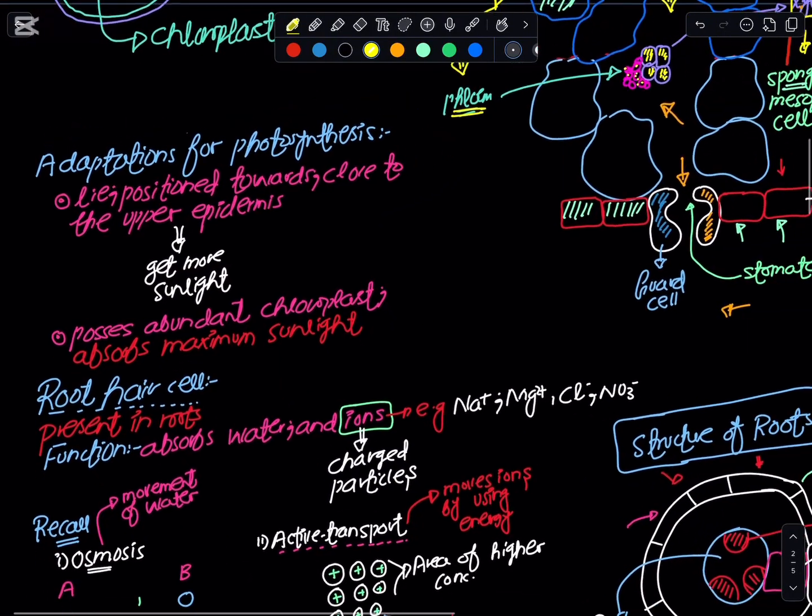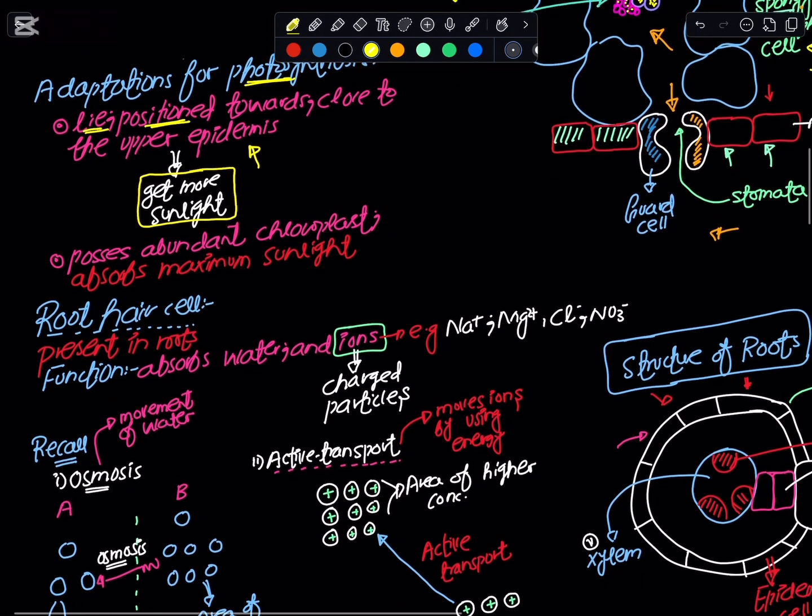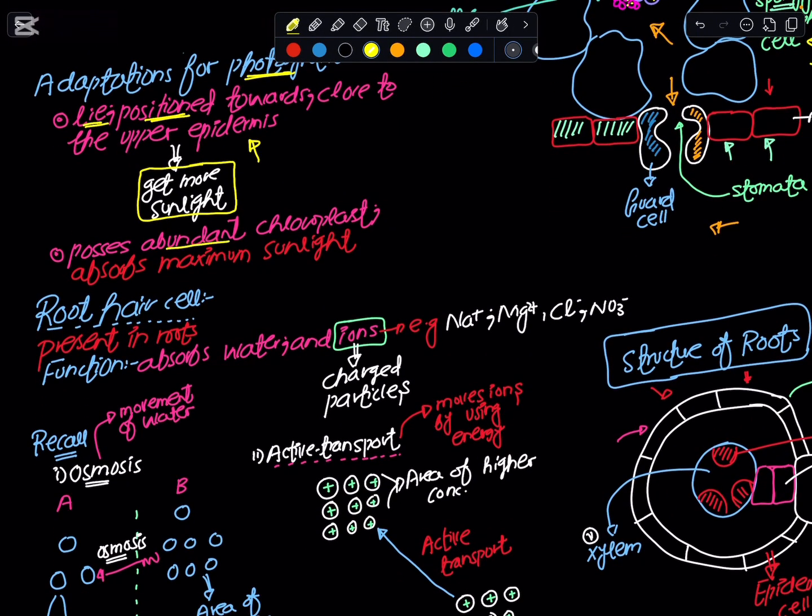So here I have written it down as well: for the adaptations of the palisade mesophyll cells, they are positioned close to the upper epidermis, and in that way they receive the maximum amount of sunlight. Other than that, they have abundant chloroplasts, which allows them to absorb the maximum sunlight.